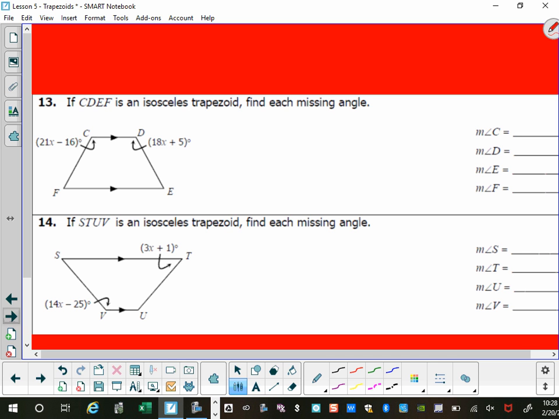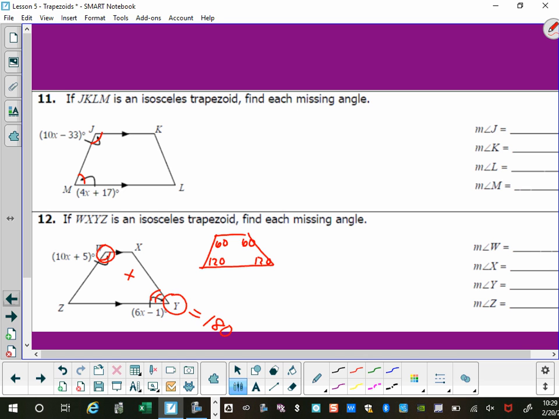Now, if they are on the same base, they are congruent. And 14 is another opposite angle, so it's going to be equal to 180. So you guys take a minute and do these 4 problems.